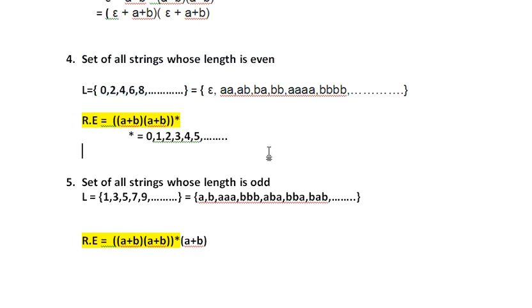If I break down, for 0 length it will be nothing but epsilon. Length 2 will be given by aa, ab, ba, bb. If I ask you for 4, then 4 times a, 4 times b, then a combination of a and b. As such, it will be an infinite language whose length is even. So this is the preliminary part.